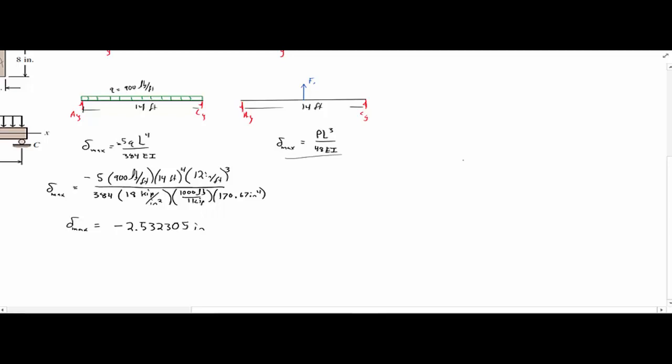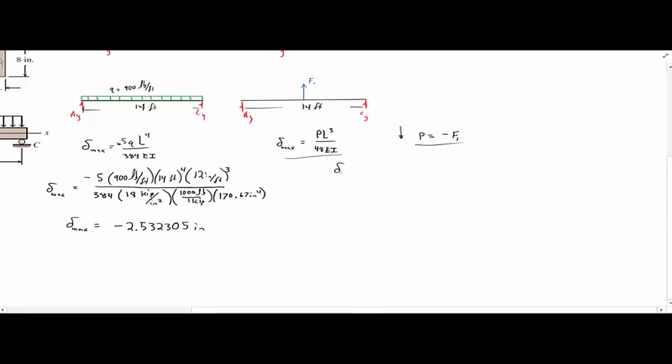Now, something to note with the point load, due to the force going in the opposite direction than what's actually shown in the handout or what's in the appendix of the textbook. In the appendix of the textbook, the force is going down, right? So to be able to account for that, and it also calls it P in our formula, we can say that P equals negative F1, right?